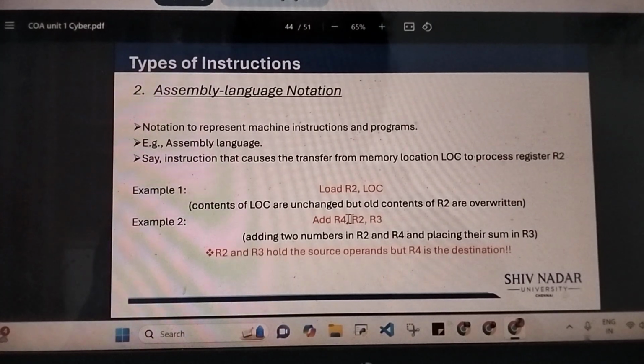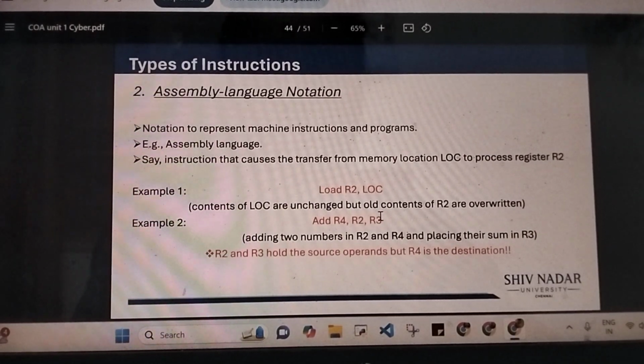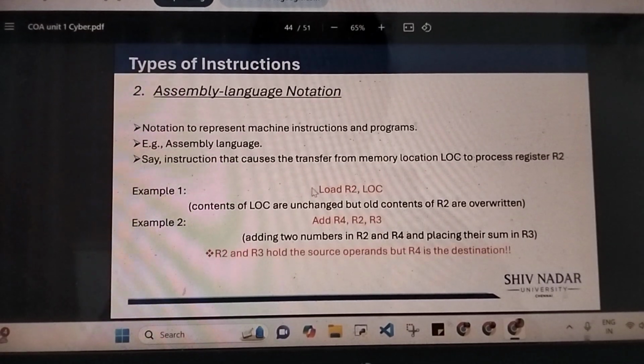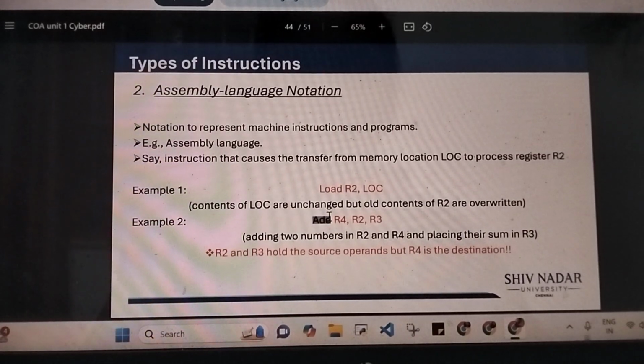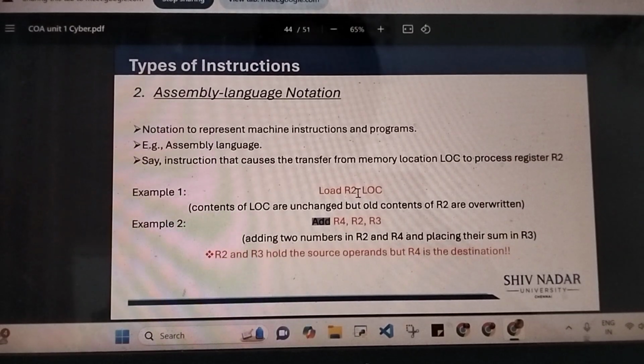Add R4, R2, R3, you take the contents of R4 and R2 and then you put them in R3 and so on. So that is one set of instructions. Again, this set has its own syntax. Load, add and so on are keywords, and your operands must be separated by commas and so on.